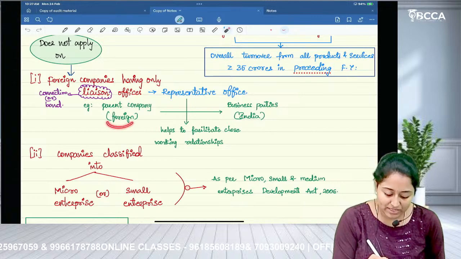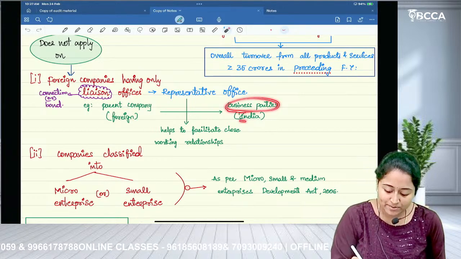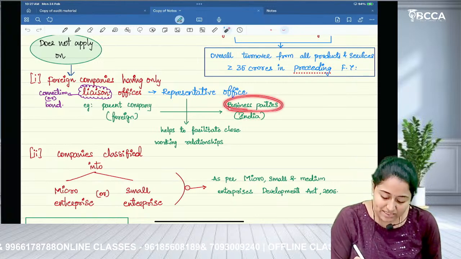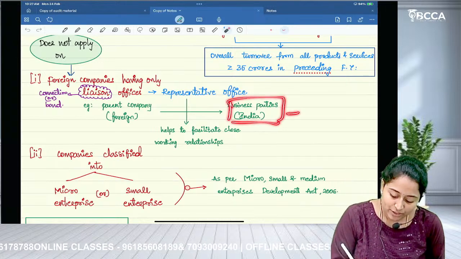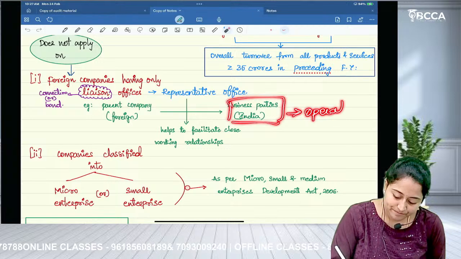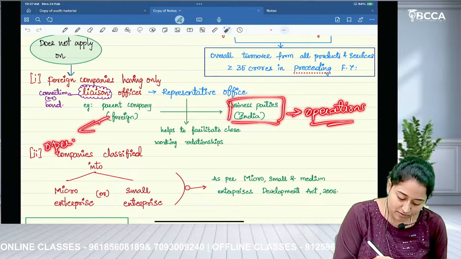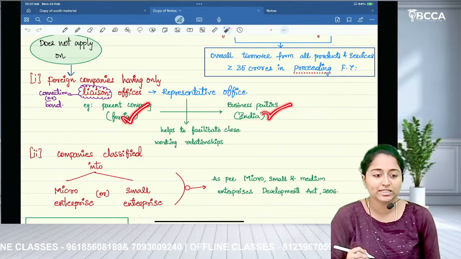For example, there is a foreign company which is a parent company and its business partner is in India. Now, this business partner will do the operations, isn't it? And this parent company will do the operations. Now, the business is done in this foreign company and this Indian company.